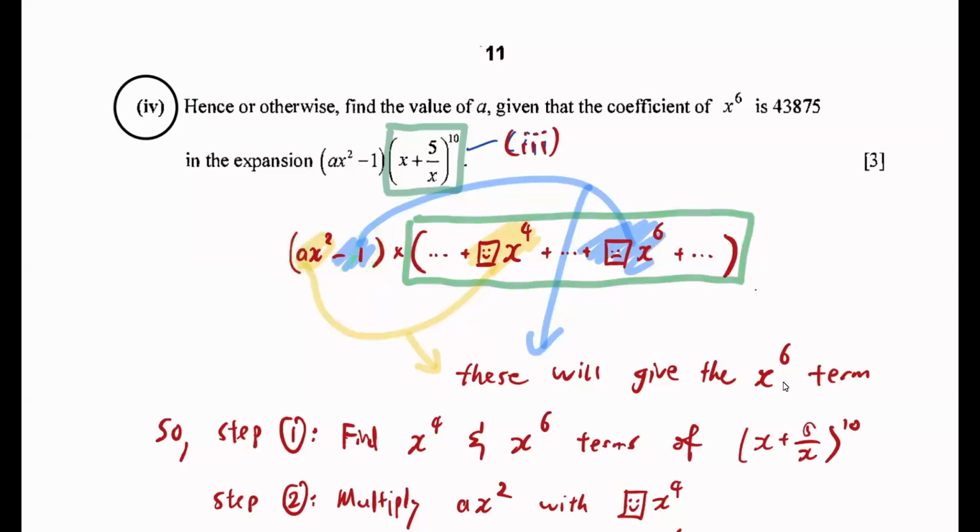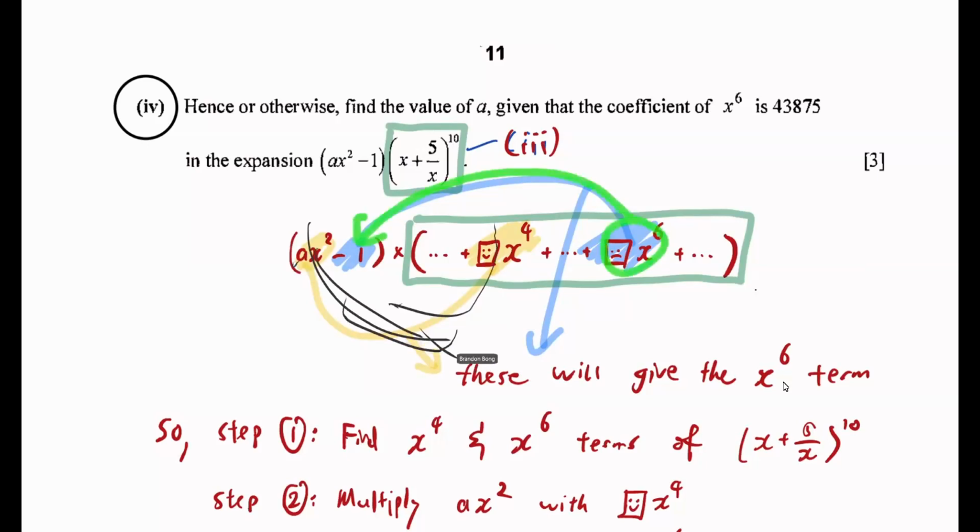So what you need to do in order to get x power 6, if you already found the x power 6 term, which are highlighted in blue from part 3, you just need to multiply it by the constant -1, right? Then from there, if you multiply these two, you'll get your x power 6. Is there another way? Yes.